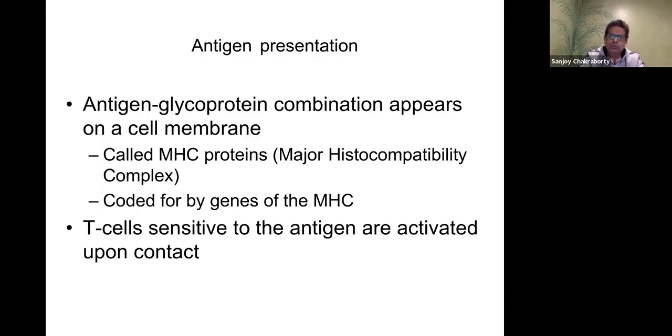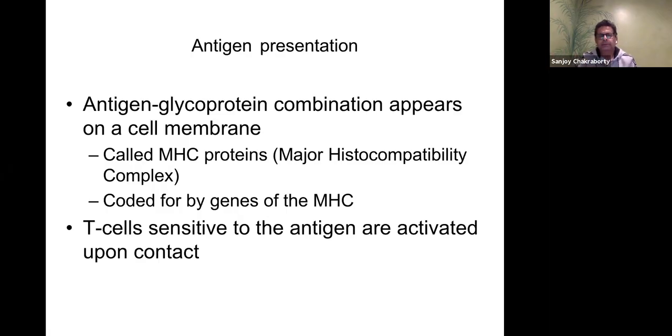But those which are nucleated cells, they produce a type of protein called MHC proteins. MHC proteins are major histocompatibility complex proteins. So they are coded by the genes of MHC. So in your DNA, you have MHC genes that make MHC proteins.